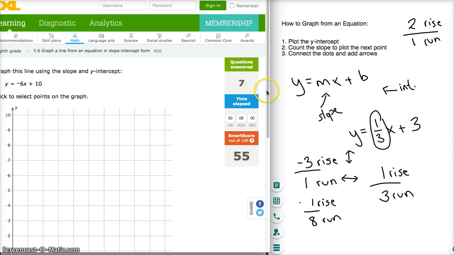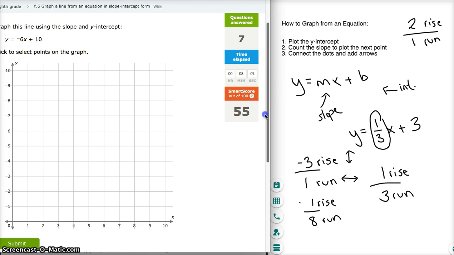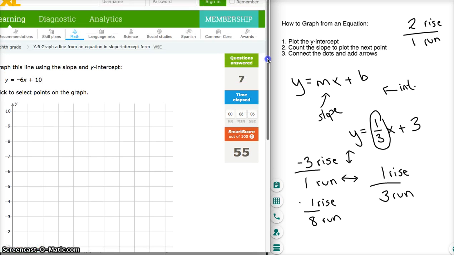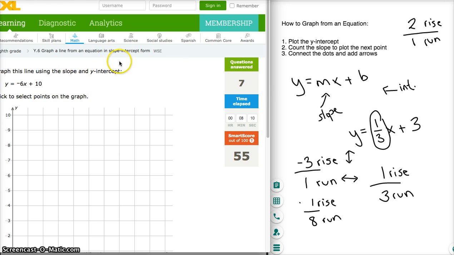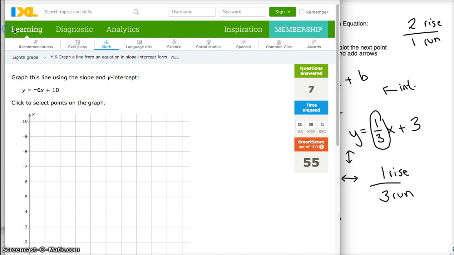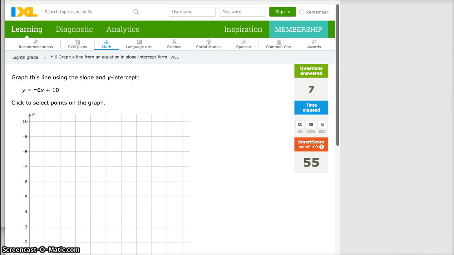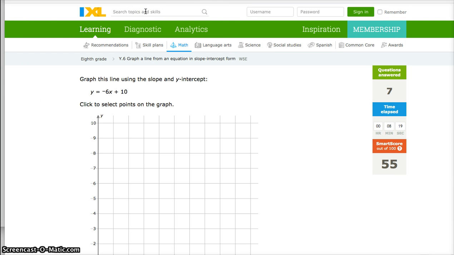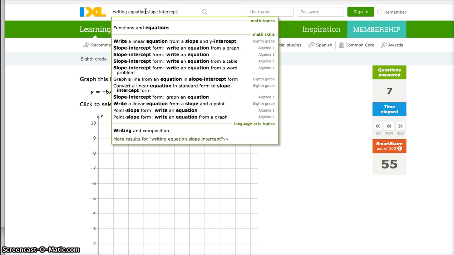Here, we're going to pause our IXL work because we only get 15 minutes free a day unless you get an account from your teacher, which you're welcome to ask them for. But I'm going to switch and go to writing an equation based off of a graph. So let me find that here. Writing an equation, slope-intercept form from a graph.